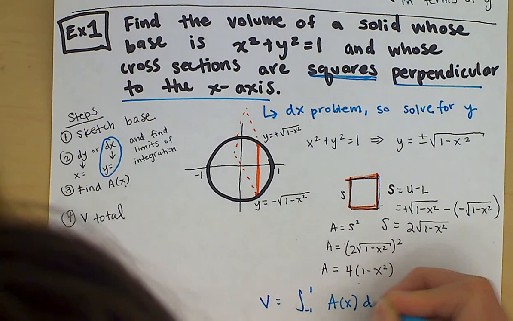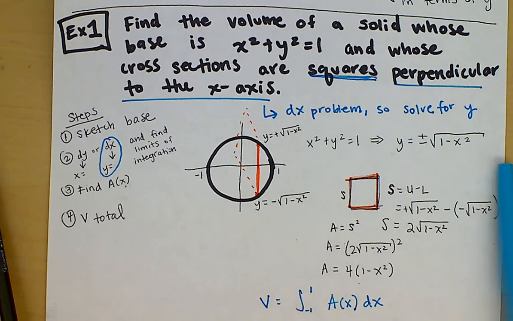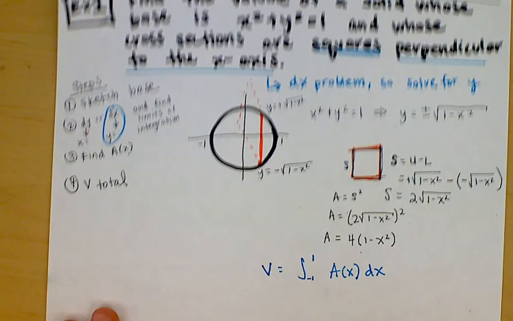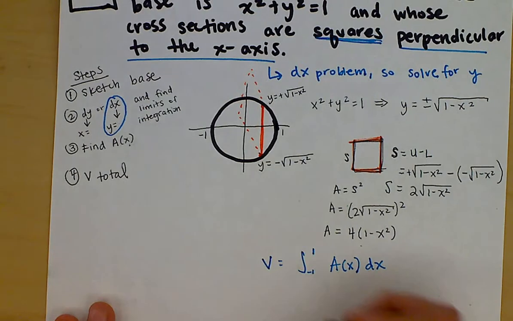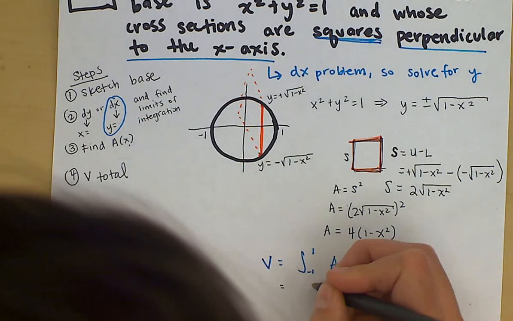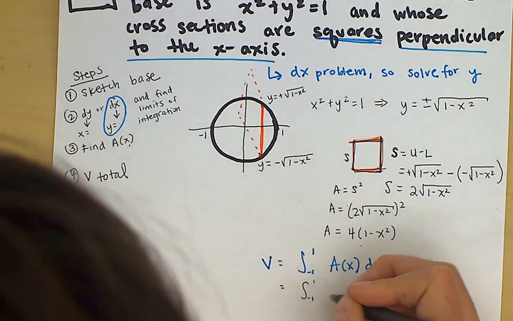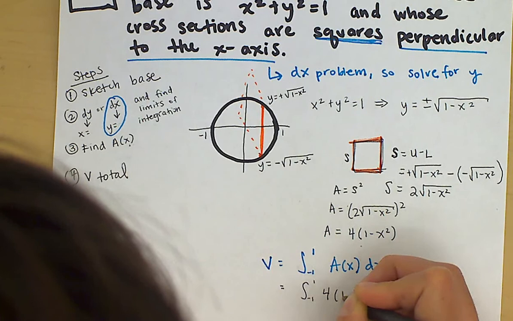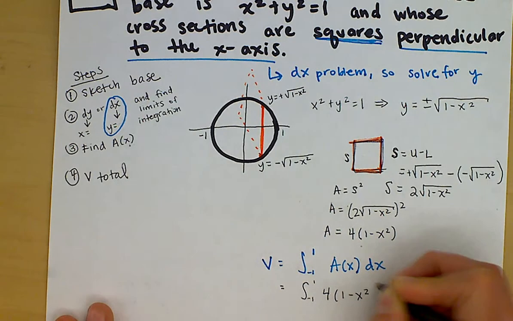Now I already figured out what my A is, so I can plug that in. And I get the integral between -1 and 1 of 4 times 1 minus x squared dx.